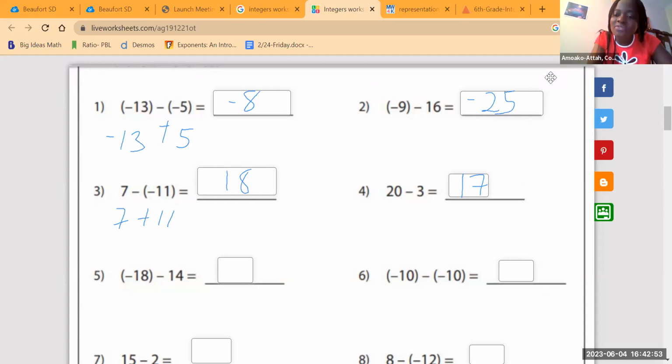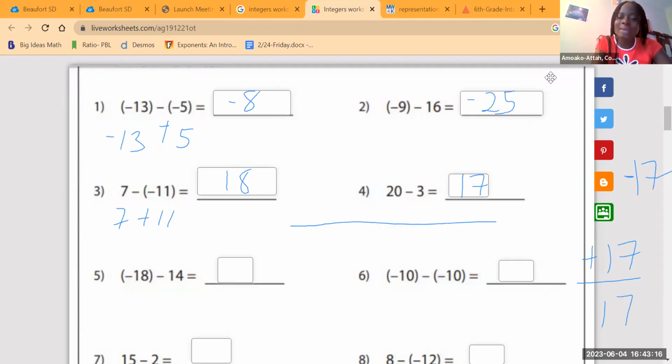Once again, if you see a number without any operation sign in front, like a plus, it is a positive. So if you see 17 without any operation sign, it is a positive value. But the moment I put a minus in front, it becomes what? A negative value. We can represent this on the number line like this.